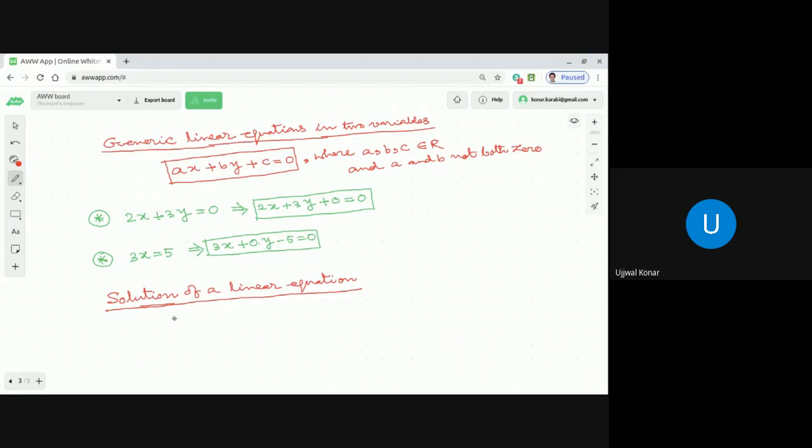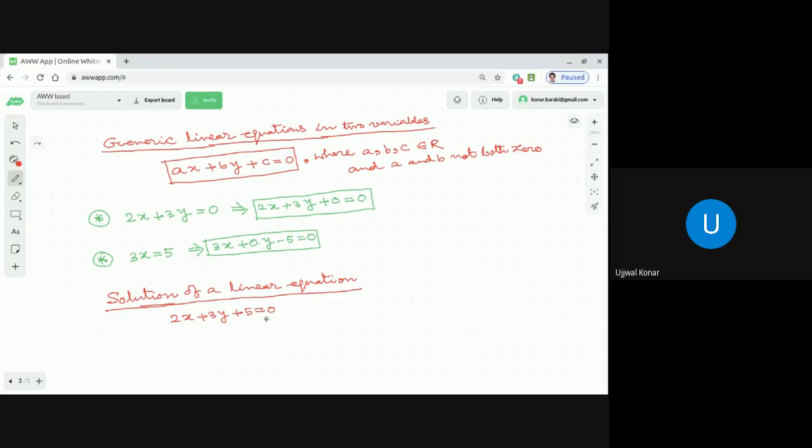For example, if I give an equation like this, 2x plus 3y plus 5 equal to 0, then the values of x and y which satisfy this are called a solution to the linear equation. Let's take an example. From here we can get multiple solutions.